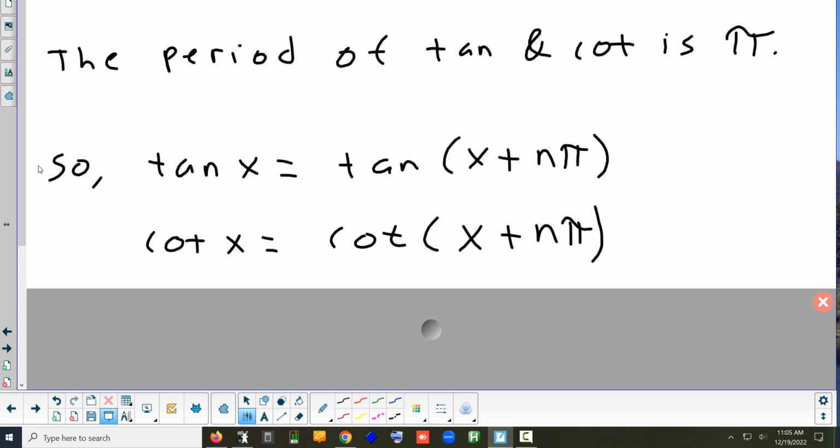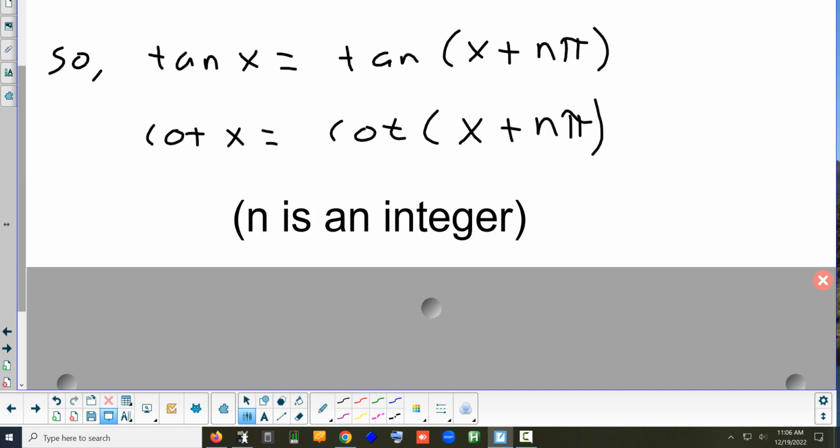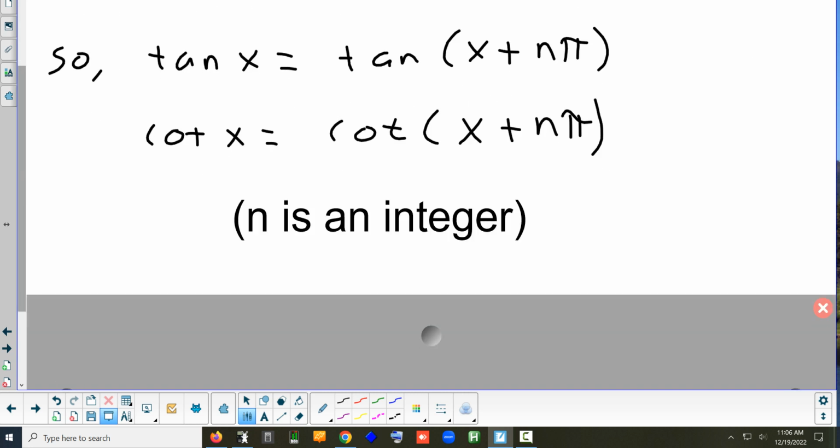So this gives us an easier way to think about a tangent or cotangent problem. If the angle is too big, we can make it smaller by subtracting pi. If it's negative, we can add pi. But you can't add half pi or a quarter pi. You have to add an entire multiple of pi or an entire multiple of 180.